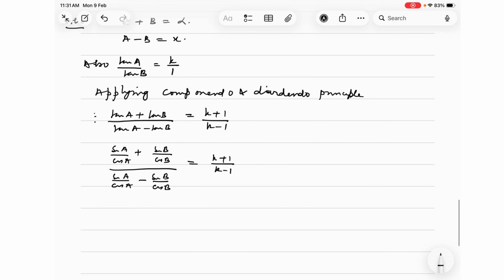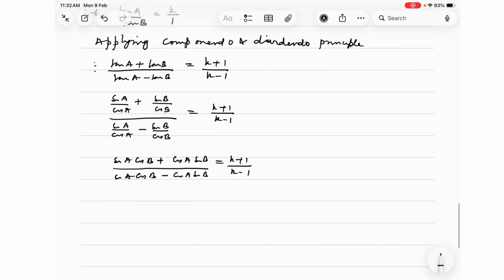If you take the LCM, we get sin A cos B plus cos A sin B in the numerator; the cos A cos B LCM in the numerator and denominator gets cancelled. The denominator becomes sin A cos B minus cos A sin B. This is (k plus 1) by (k minus 1).